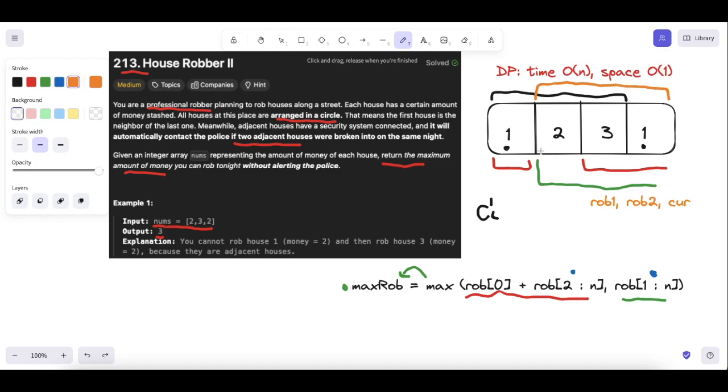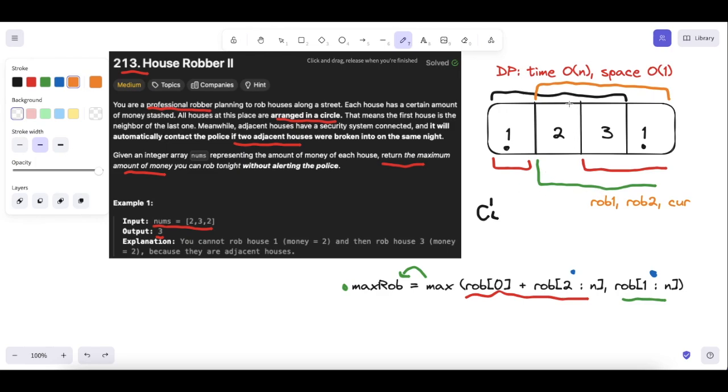In this case, in our 2 algorithms, we're not taking into consideration both the first index and the last index at the same time. So we do not interfere with this rule. And after having run this algorithm twice, we would basically just return the maximum value that we obtain between both the times that we run the algorithm.